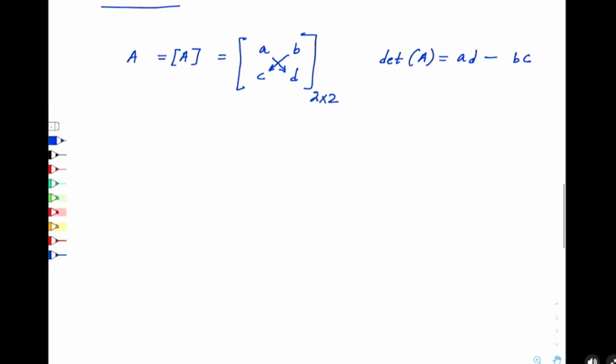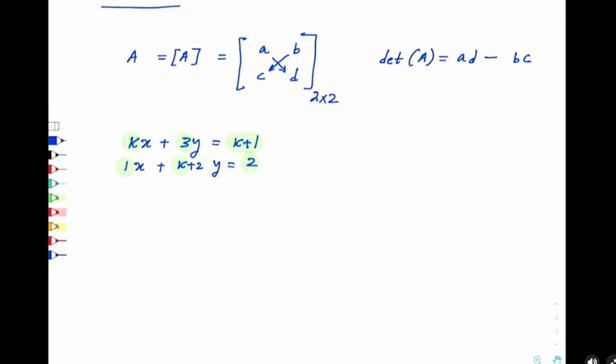Now you have kx plus 3y equals k plus 1, and x plus (k plus 2)y equals 2. You will see these are the coefficients here.